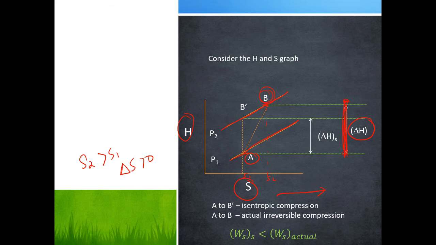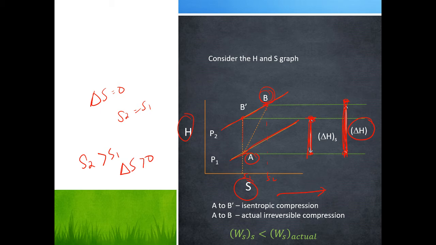Compare natin sa isentropic compression. Pag sa isentropic compression, delta S is 0. Therefore, vertical line lang yung path natin kasi S2 is S1. Diba? So, ito yun. Let's label yung final state na B prime. Okay? Therefore, change in enthalpy natin, ano napansin nyo? Mas maliit siya.